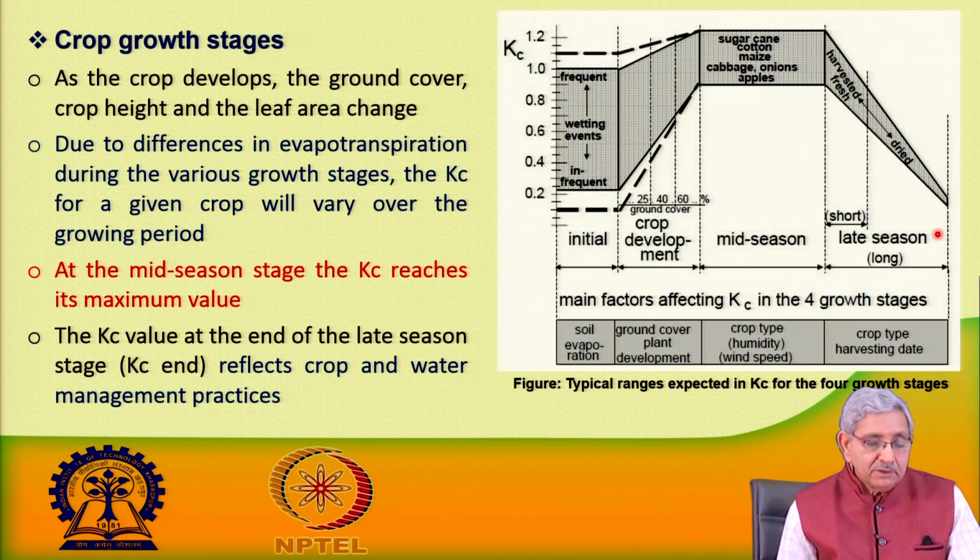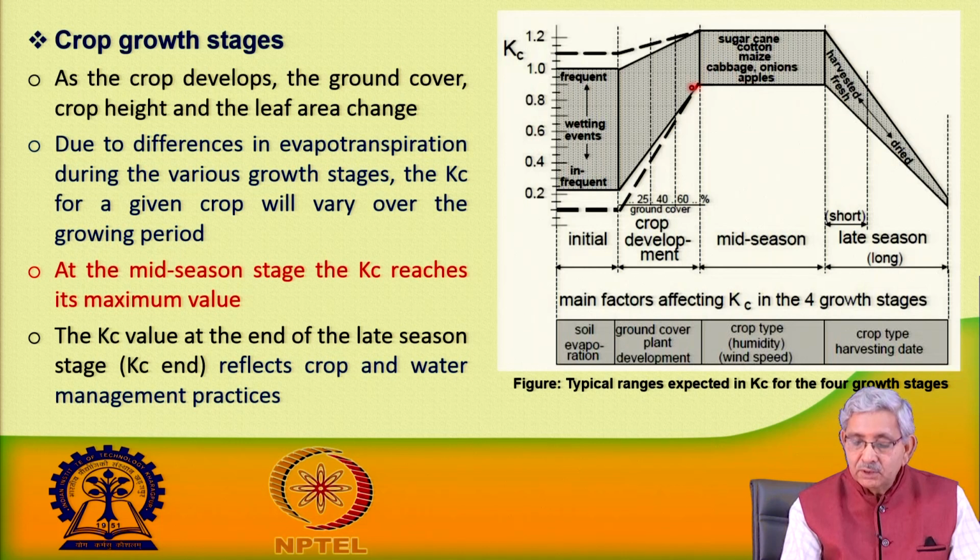As explained here, as the crop develops, ground cover, crop height and leaf area index change. Due to differences in evapotranspiration during various growth stages, Kc for a given crop will vary over the growing period, and at the mid season stage, Kc reaches its maximum value.